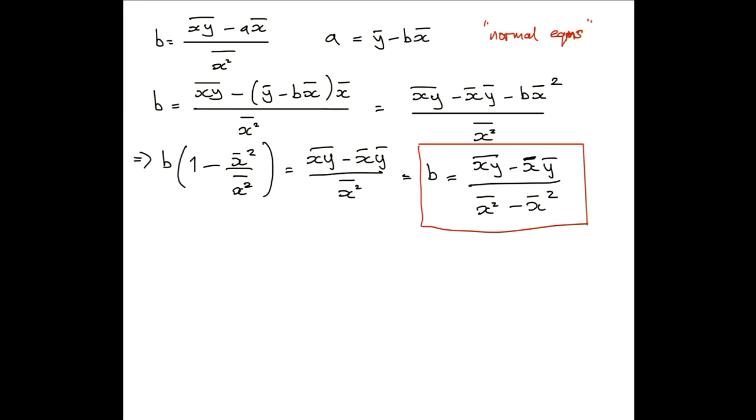So it should be minus x bar y bar and then plus b times x bar squared, in the second line, the second equation.